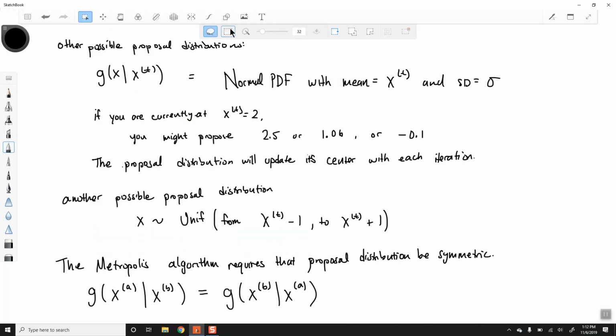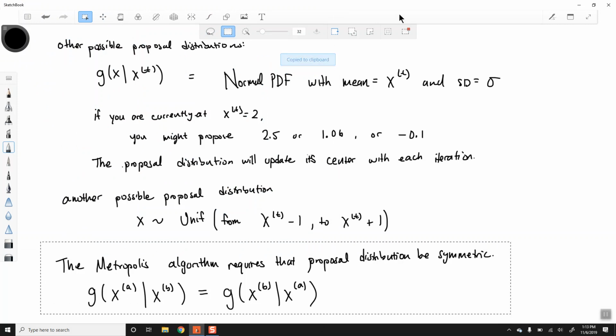Let me expand on this idea of having a symmetric proposal distribution.